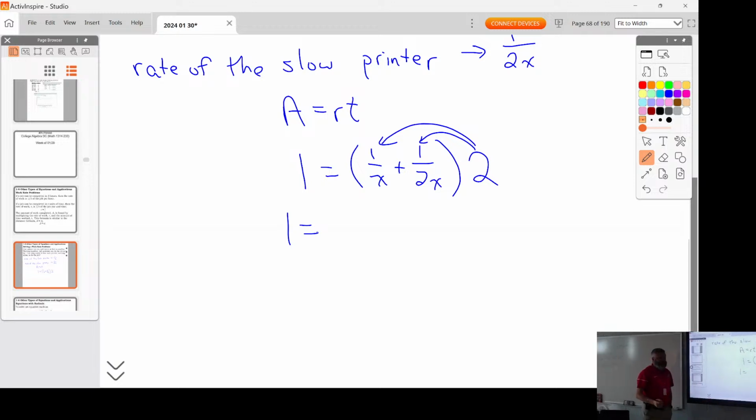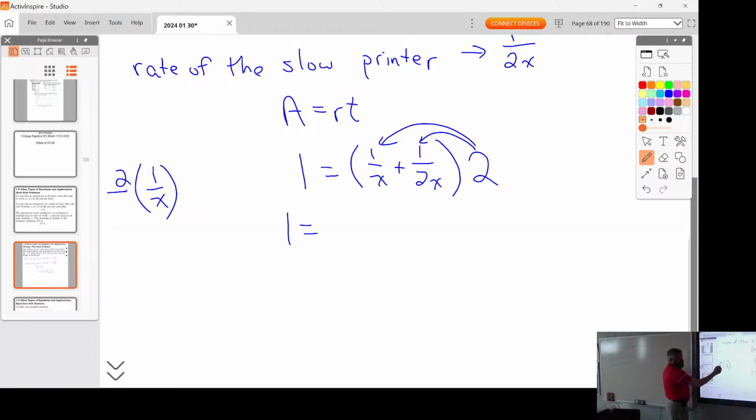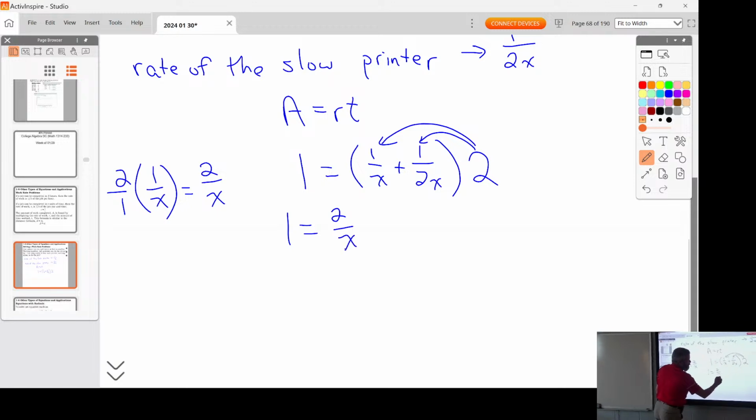What is 2 times 1 over x? And if it helps you to write the 2 as a fraction so you can see it better, what do you get? 2 over x. Talk louder. What is 2 times 1 over 2x?